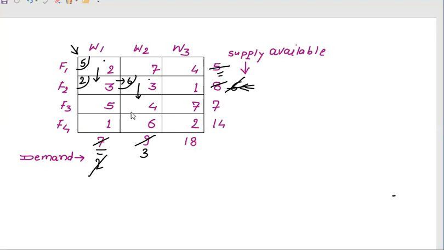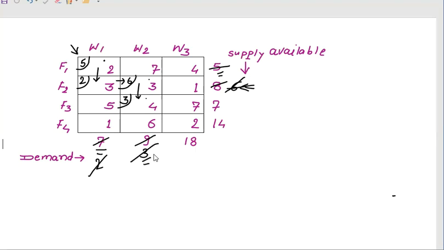So this is a cell in which we have to make an allotment. So allocate maximum possible quantity in this cell now. What is the requirement? Requirement at this warehouse is now 3, and how many units of goods are available? 7 units are available at this factory F3. So out of 7, maximum we can allocate 3 because 3 is the only requirement.